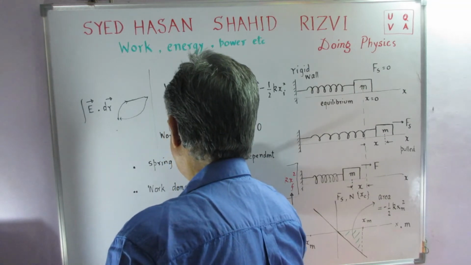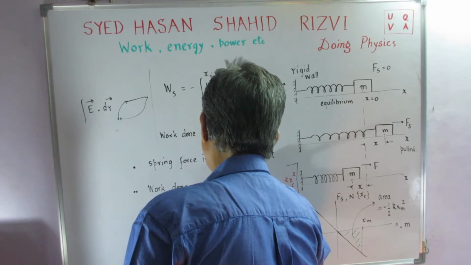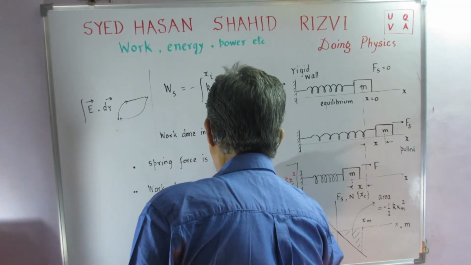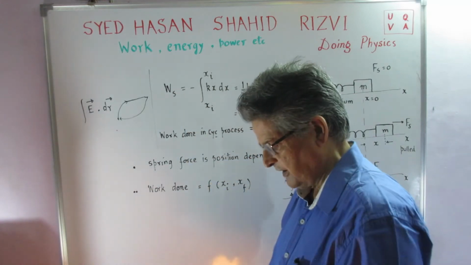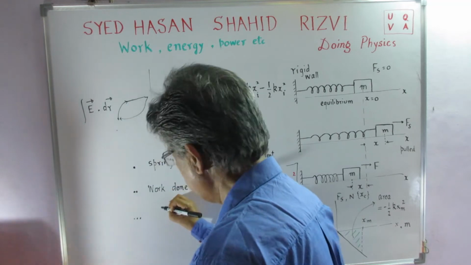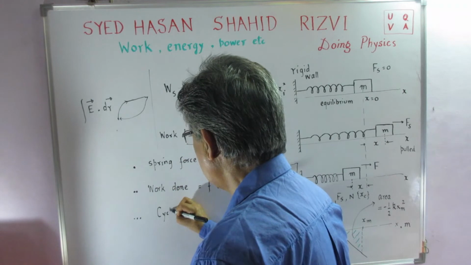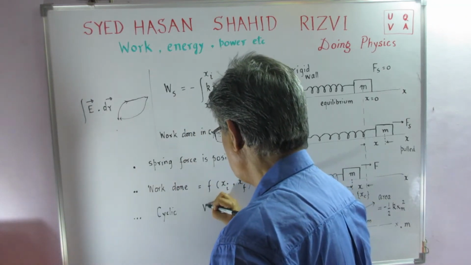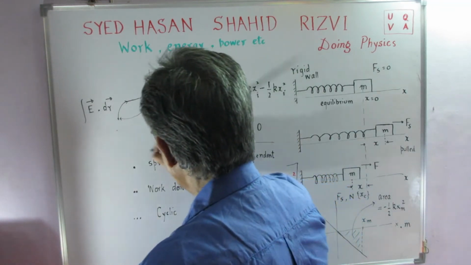I can write in short that the work done is a function of the initial position xi and the final position xf, which could also be equal to the initial position xi in the cyclic case, in which case the work done is equal to 0.